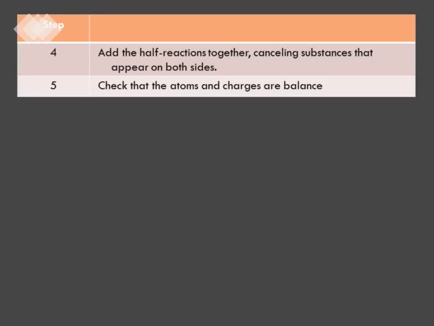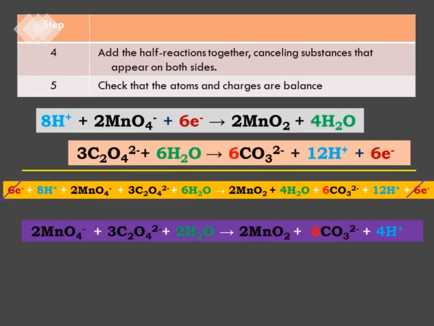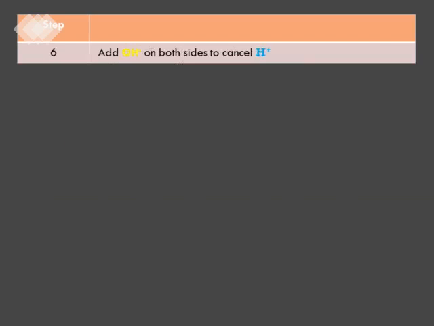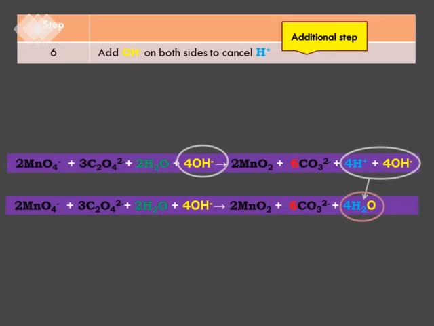This half equation of manganese and carbon is then added together and checked again whether the atoms and charges are balanced. In basic solution, there is another additional step where OH- ion is added to cancel the H+ ion, where this H+ ion and OH- ion will react to produce water.